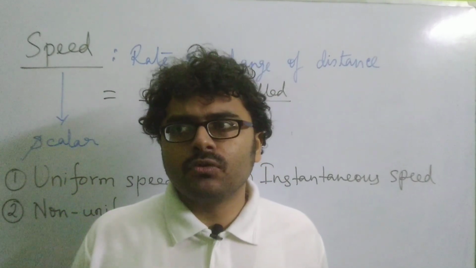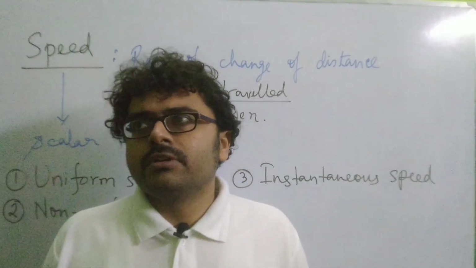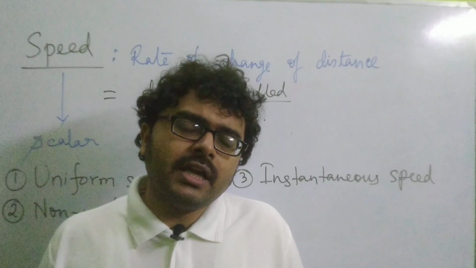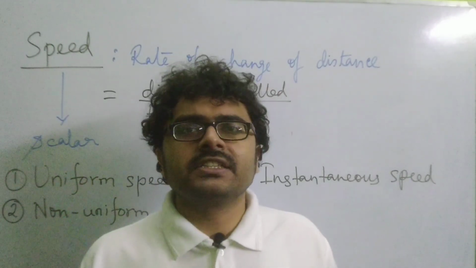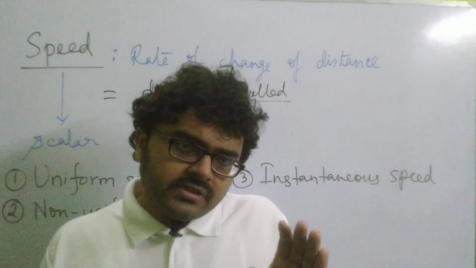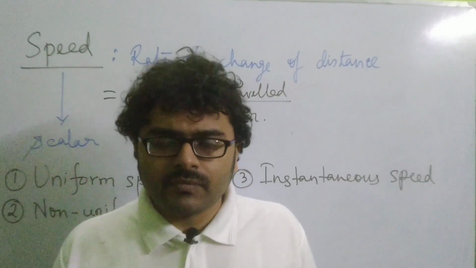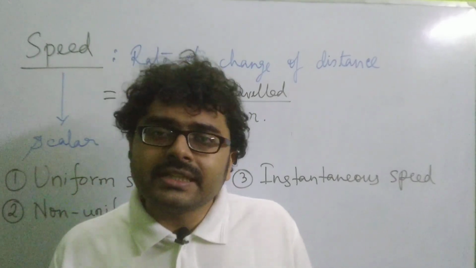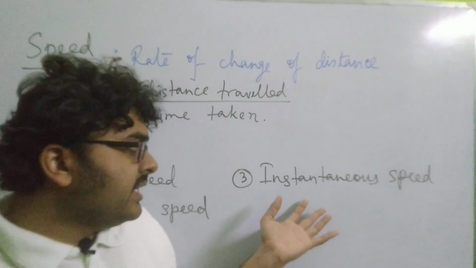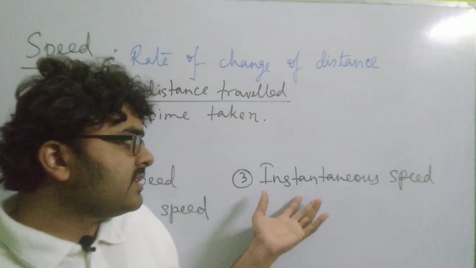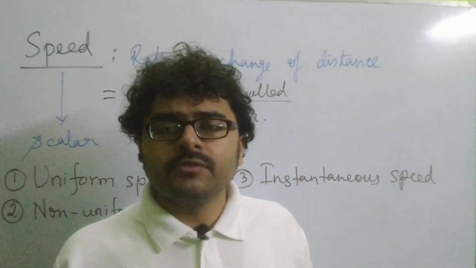Now under such a condition, if you look at the speedometer at a certain instant, a very small time interval, say you are considering a 1 hour journey and you are looking at the speedometer for just a time frame of say 5 seconds or 10 seconds, the speed that you observe in the speedometer can be regarded as instantaneous speed. The concept of instantaneous speed arises when the body has a variable, non-uniform speed.